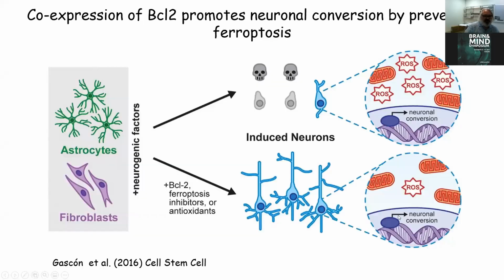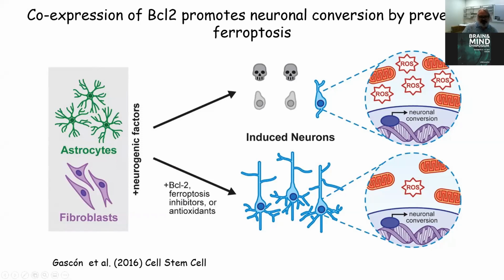Now, we could build, however, on a very interesting observation made by Sergio Gascón while he was a postdoc in Magdalena Götz's lab. What he found was that when he overexpressed BCL2, this would promote the conversion in vitro and also in vivo into neurons.